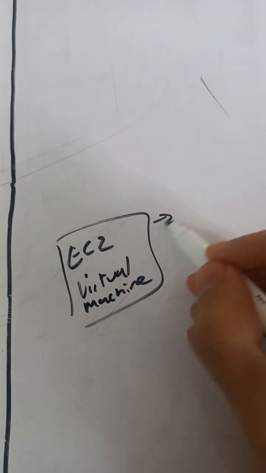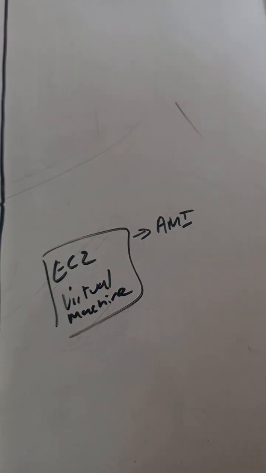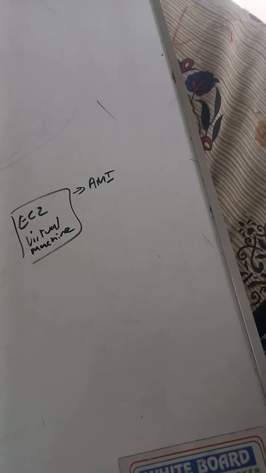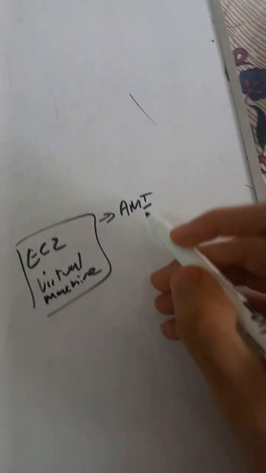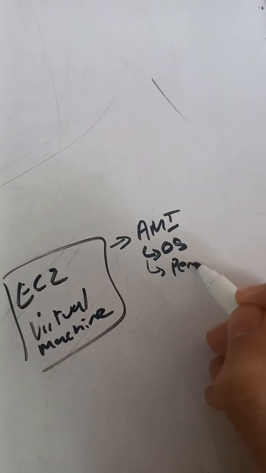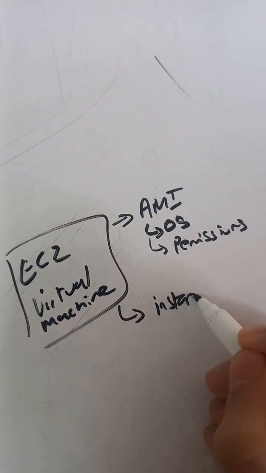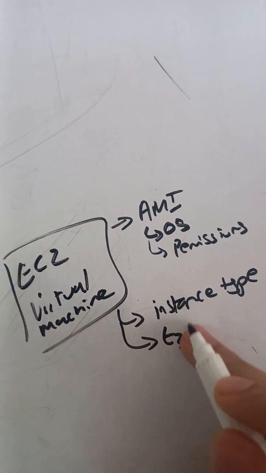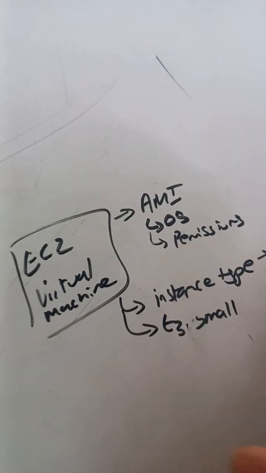When you're creating your EC2 virtual machine, you will be given an option for AMI, which is your Amazon Machine Image, in which you are basically saying which OS you want, what permissions you want to set, and so on. All of those details come over here. You are also selecting which instance type you want. This could be general purpose, and all of that comes over here.